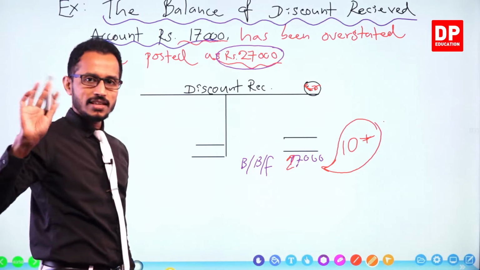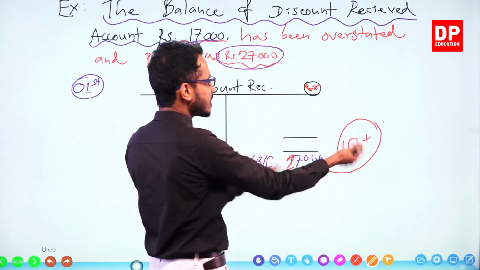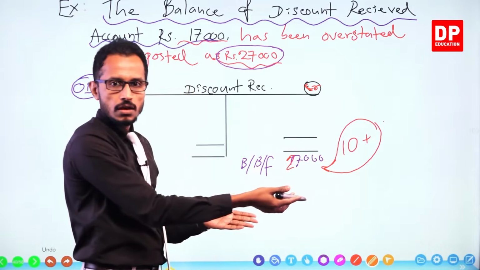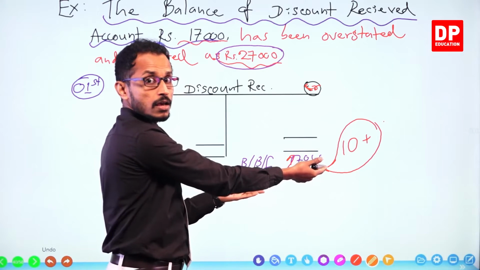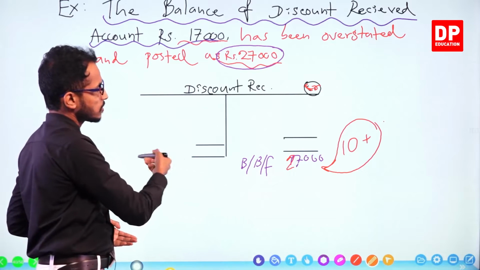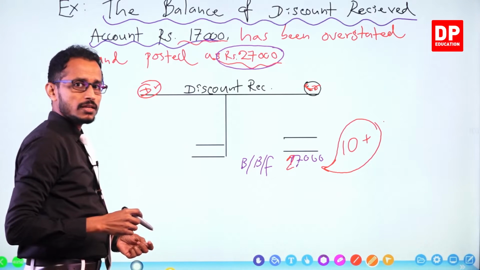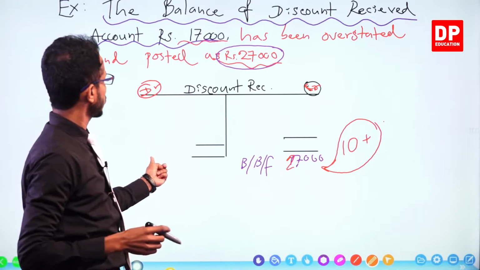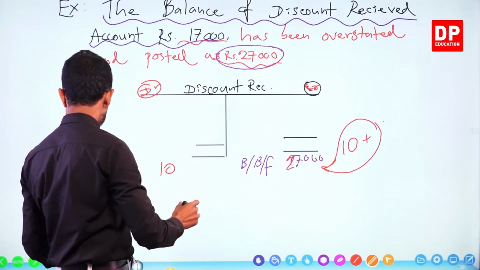No, you don't put 10,000 to credit side. If the credit side is having an excessive balance, or if the credit side is overstated by 10,000, you debit that 10,000 to the discount received account. Got it? Debit that 10,000 to the discount received account.